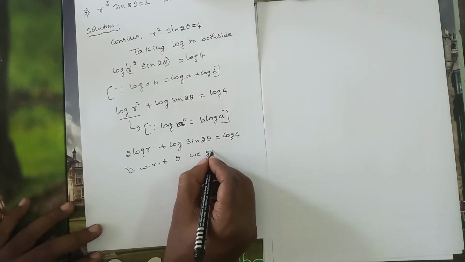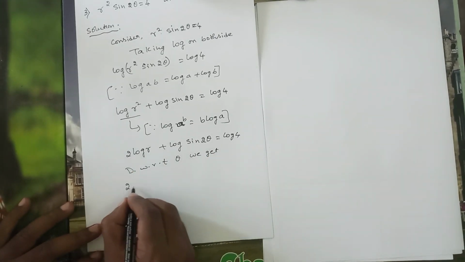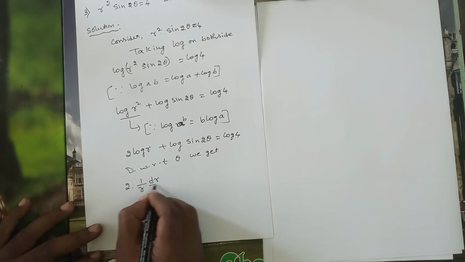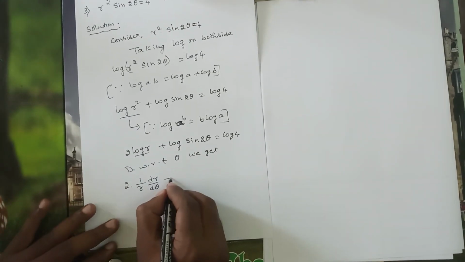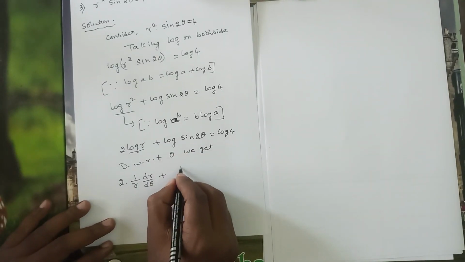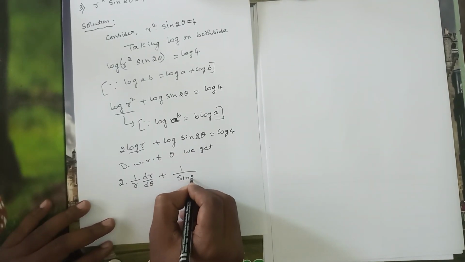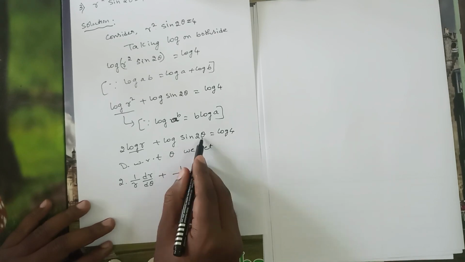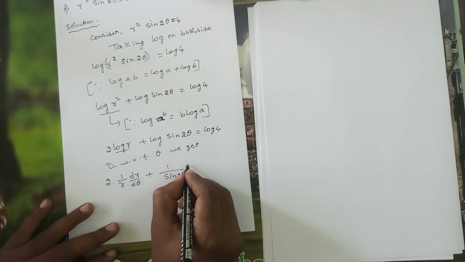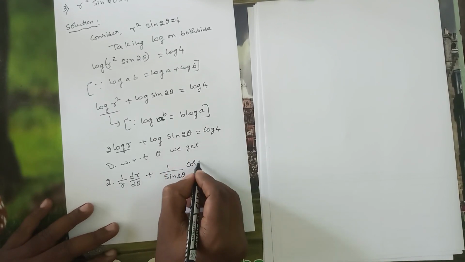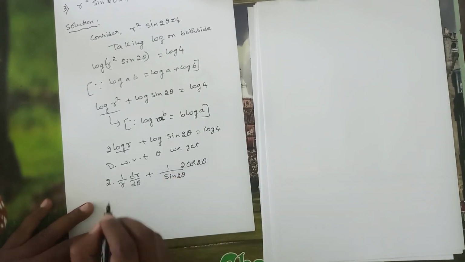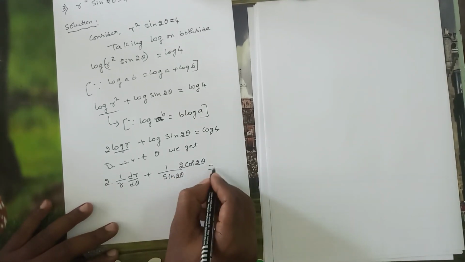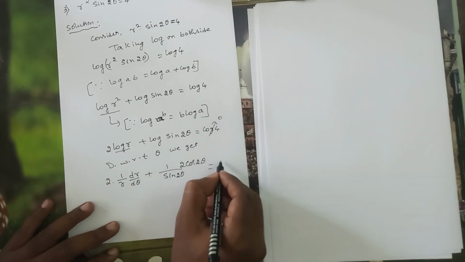We get 2 into 1 by r into dr by d theta, if you differentiate r, plus 1 over sine 2 theta. Now if you differentiate sine you will get cos 2 theta, and differentiating 2 theta you will get 2, equals, here this is constant, so it becomes 0.